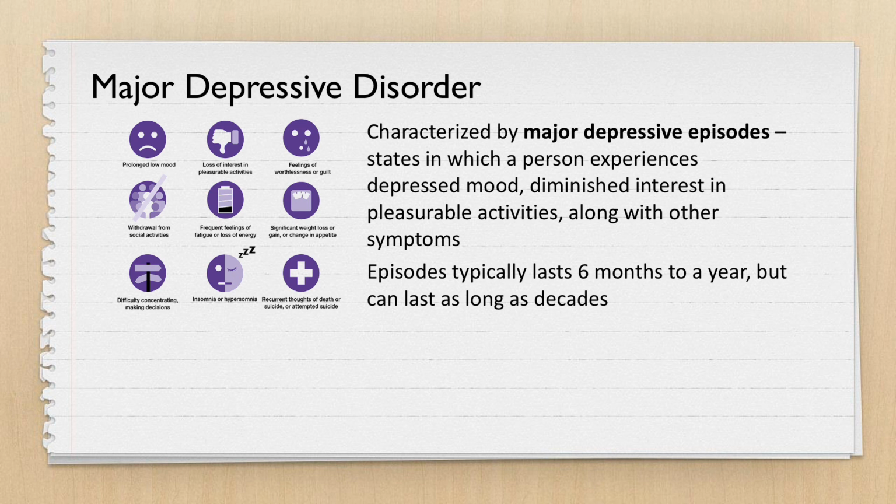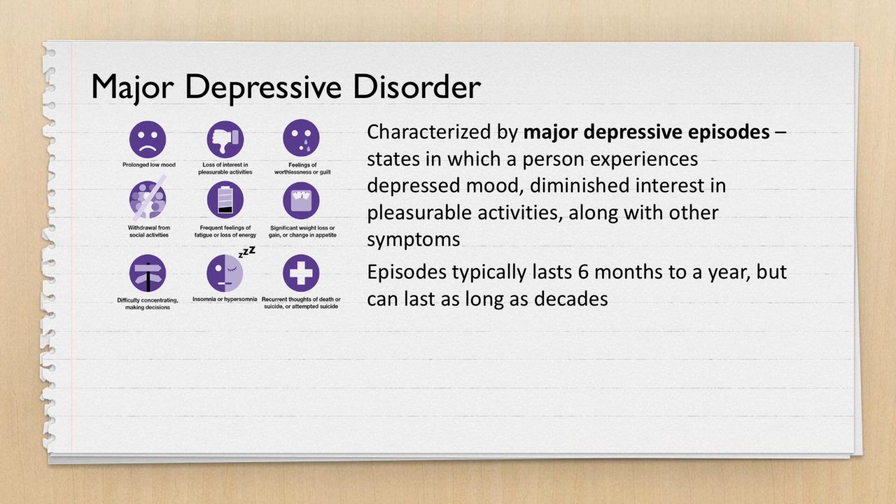On average, a depressive episode lasts somewhere between 6 months to a year, but it can last as long as decades. Major depressive disorder can be quite impairing to many areas of daily life, making it a particularly potent disorder.